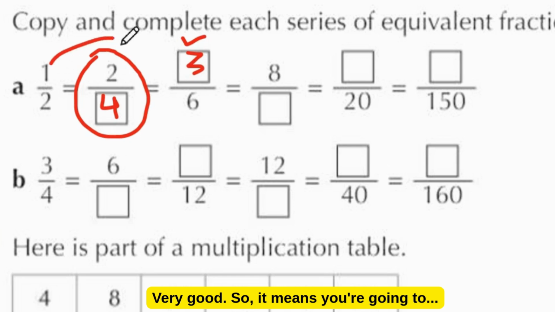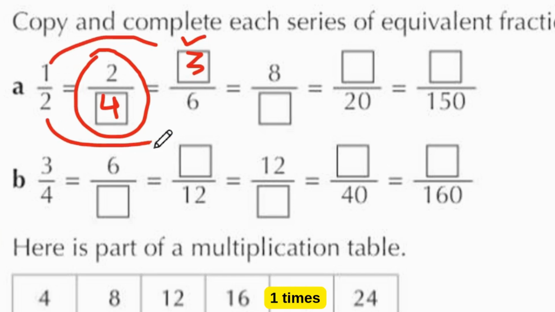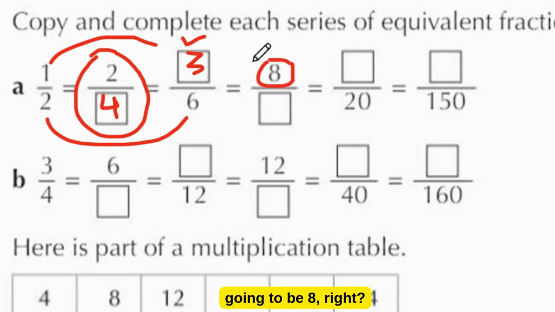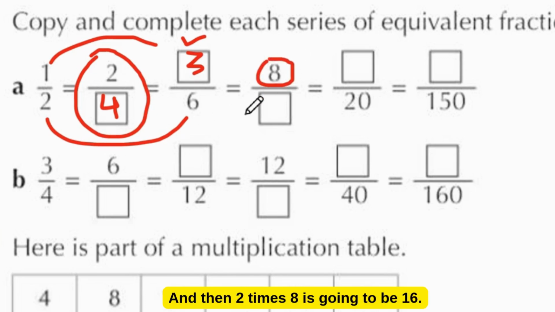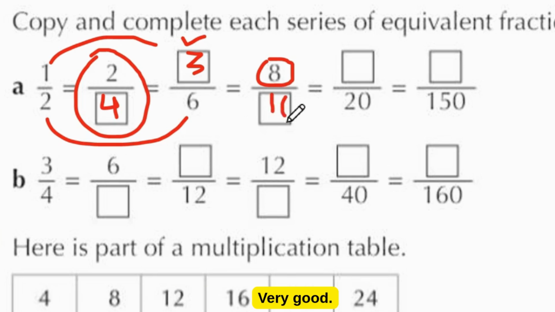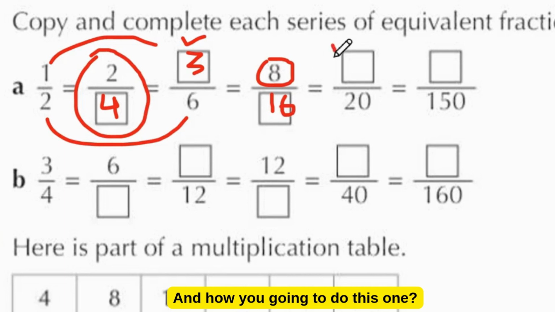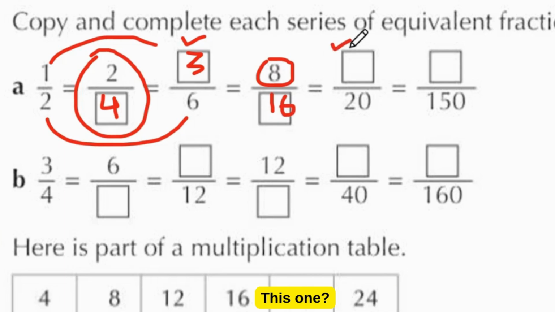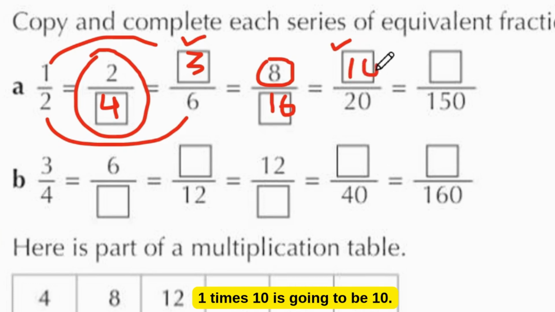What's gonna happen next? 1 times 8 is going to be 8, right? Very good. And then 2 times 8 is going to be 16. And the next one? 2 times 10 is 20, and 1 times 10 is going to be 10.